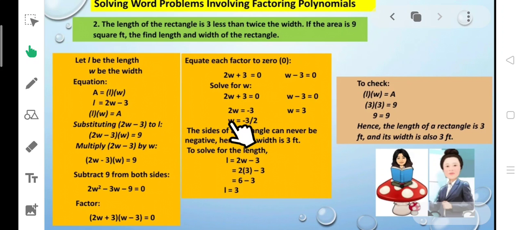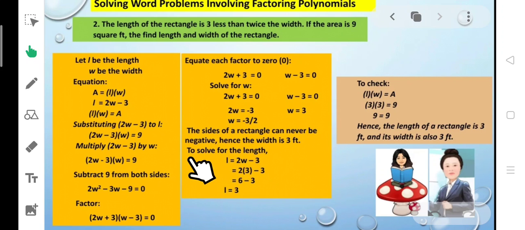Then dividing by 2, W is equal to negative 3 over 2. For the other factor, W minus 3, adding 3 to both sides, W is equal to 3. But since we're talking about dimensions of a rectangle, the sides can never be negative. So we're going to neglect W is equal to negative 3 over 2. We are not going to accept this answer. So we're just going to accept W is equal to 3.